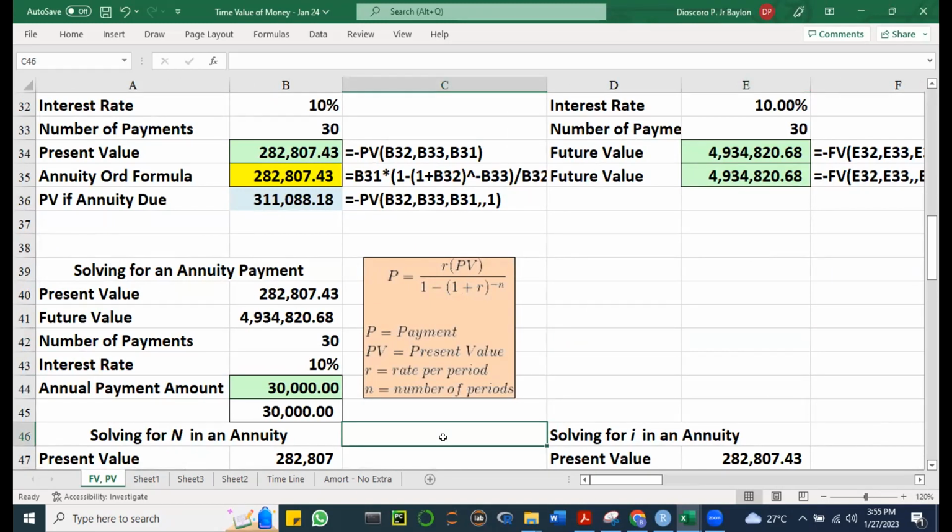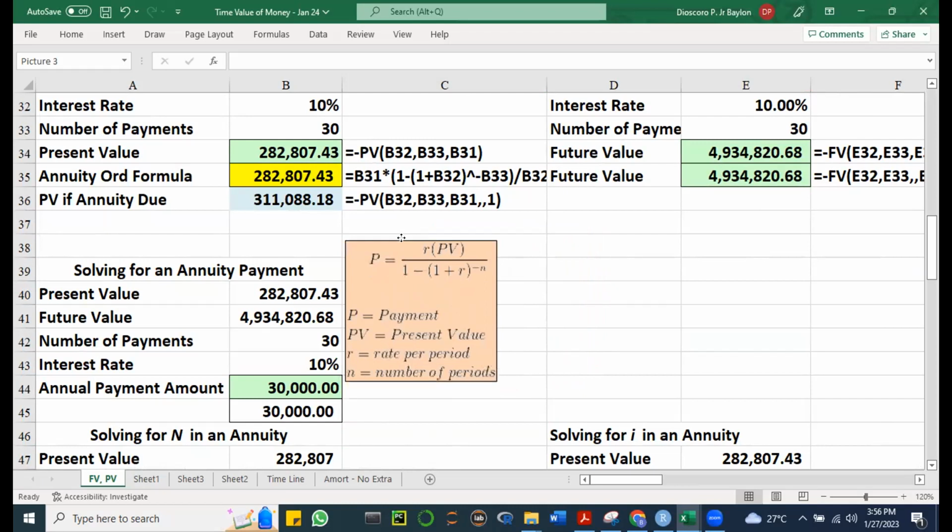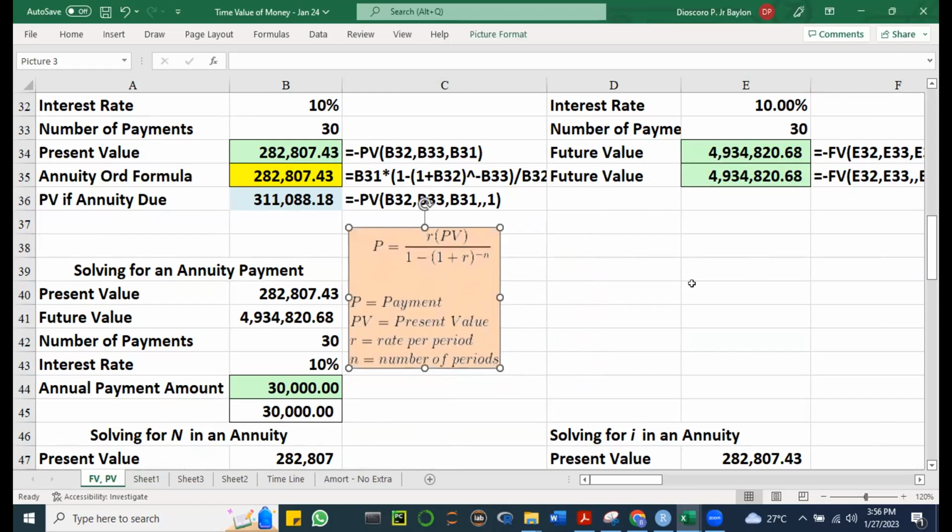So we expect to get 30,000. I'm getting 30,000 for both.